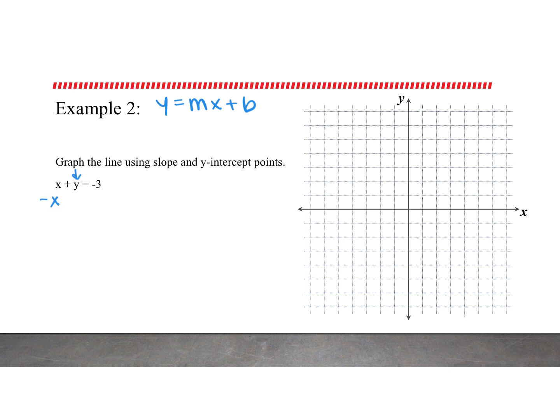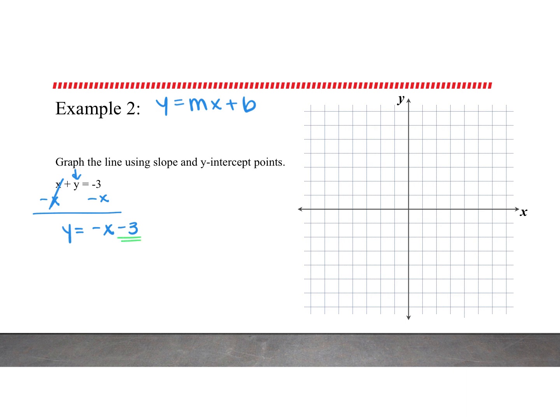So go ahead and subtract or add, move anything around that you need to get your y by itself. Make sure if you have to do any dividing, you do that as your last step. And then once everything is set equal to y, then we can pull off our slope and our y-intercept.